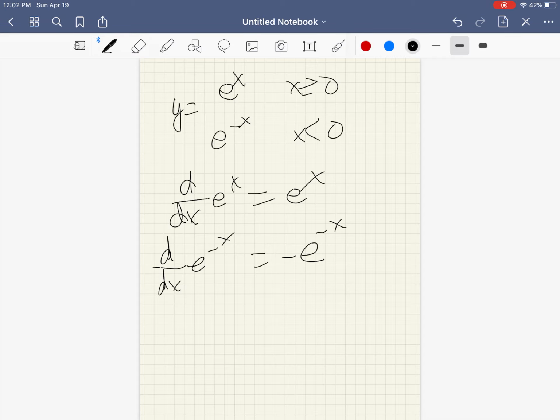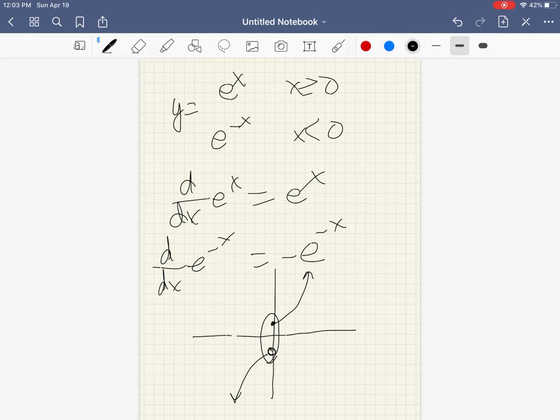Now negative e to the minus x would actually be down here at negative 1. It's an open dot because we didn't include 0 there, but it would go like this. And then e to the positive x would be up here like this. So does the derivative exist at x equals 0?